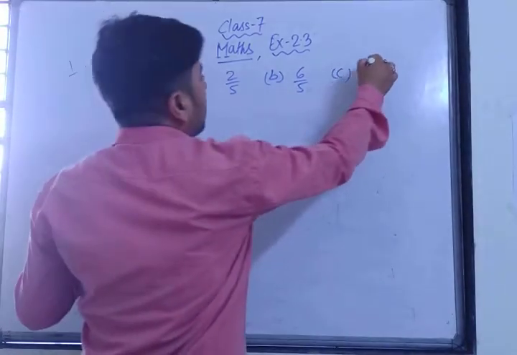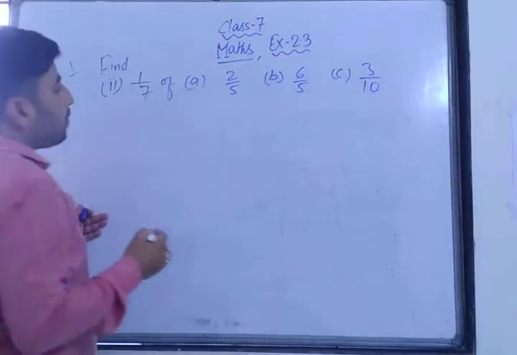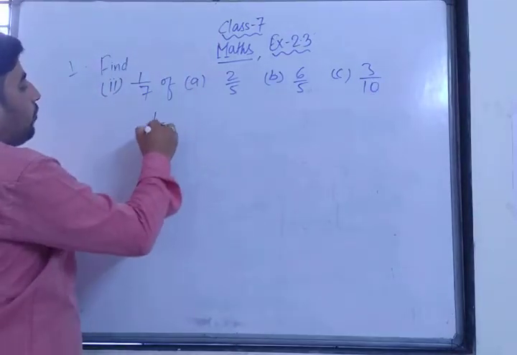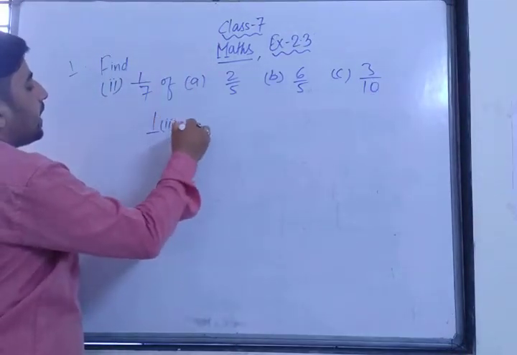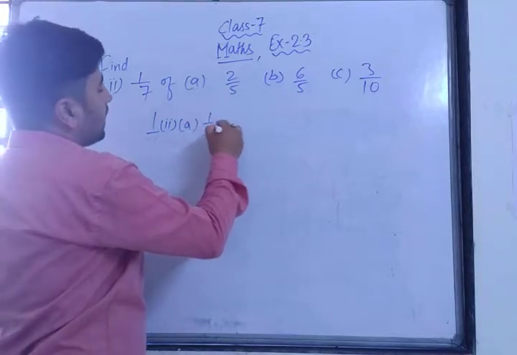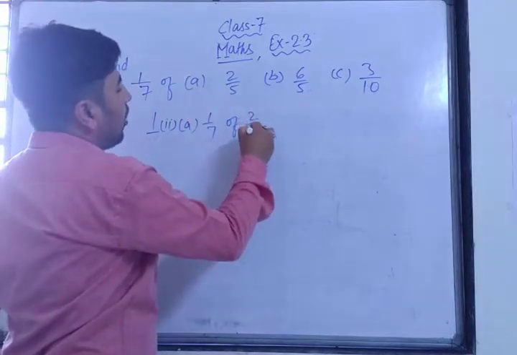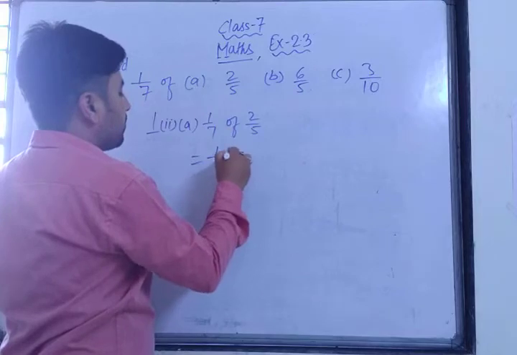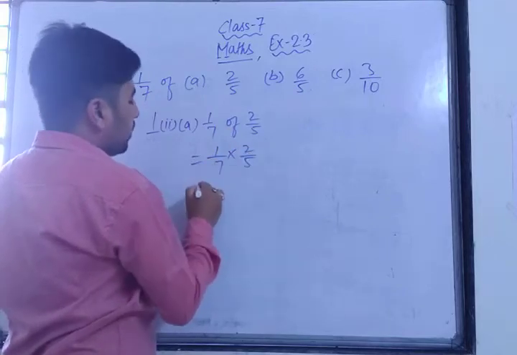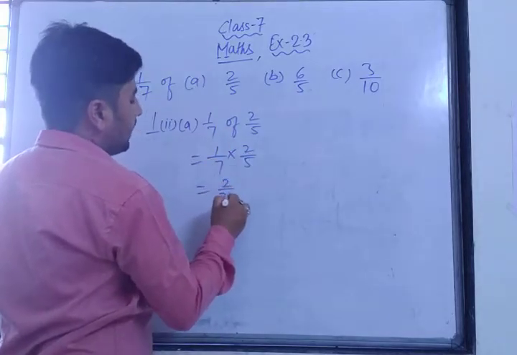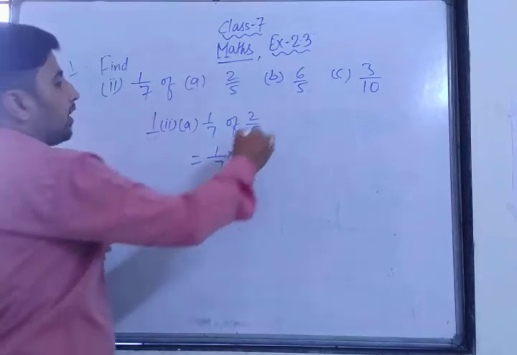What will you do? Can you tell me? We will do 1 by 7 of 2 by 5. First, second, A. 1 by 7 of 2 by 5. Of means multiply, 1 by 7 into 2 by 5. 2 1s are 2, 7 5s are 35. Answer of A. Got it?